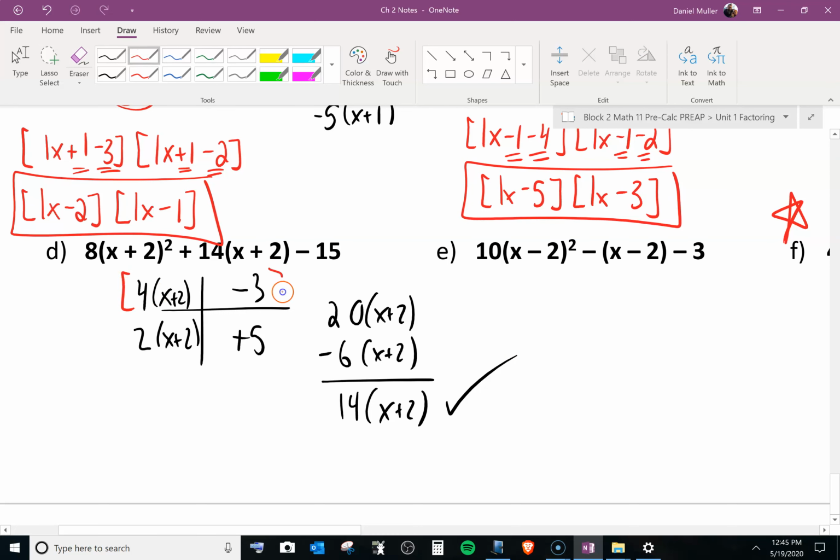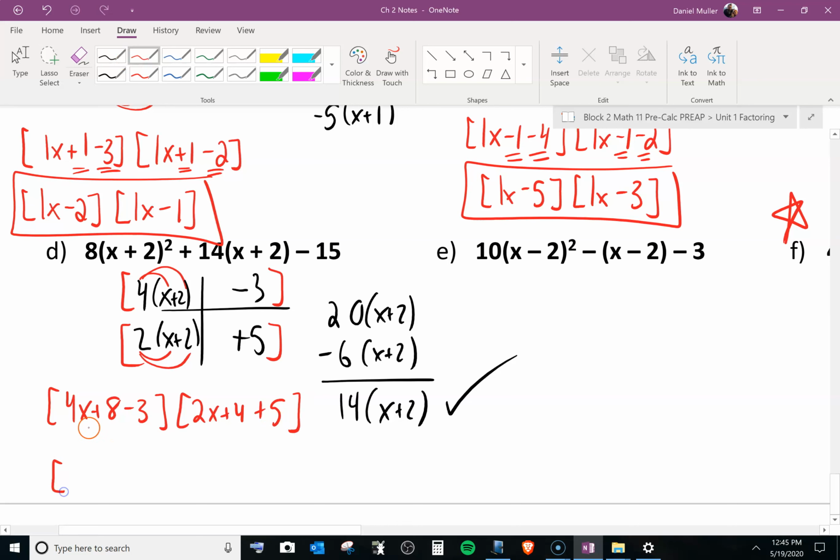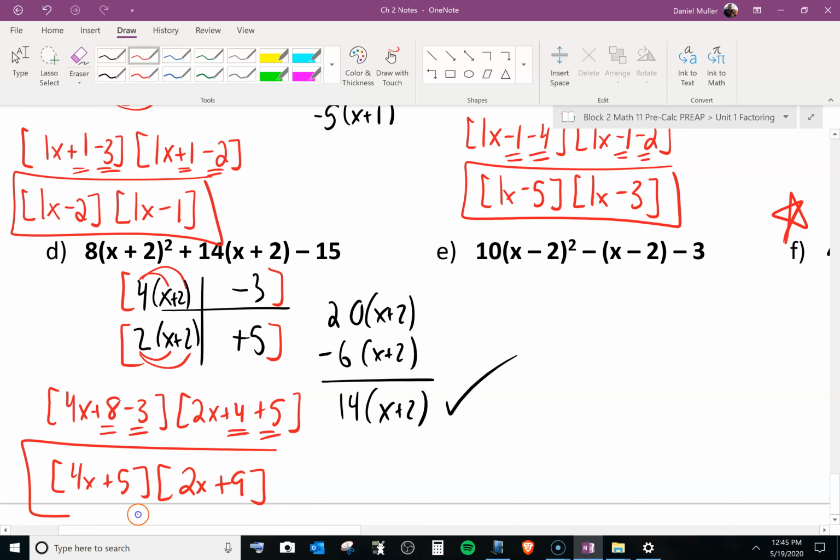So I've got a 4x plus 8 minus the 3. And this one, I've got a 2x plus 4 plus the 5. Okay, 4x, 8 minus 3 is 5. And then this one is a 2x, 4 plus 5 is 9. So that is fully factored.